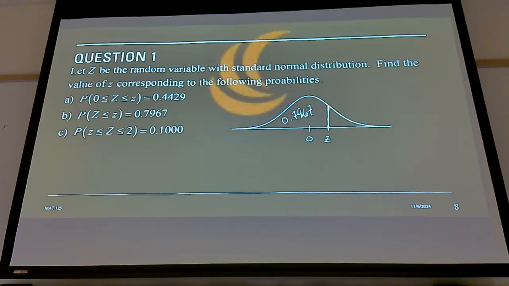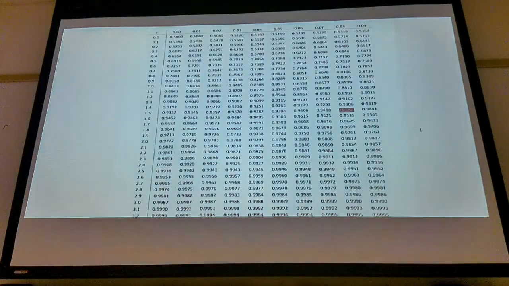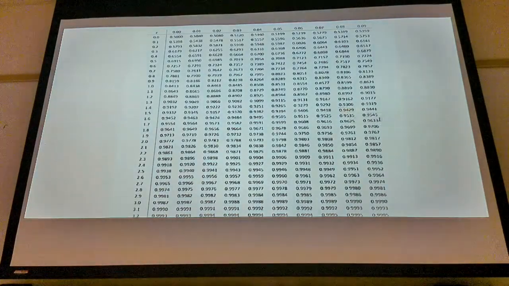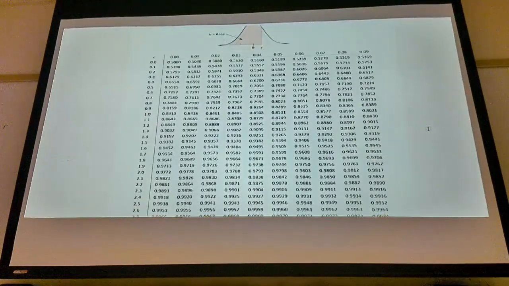Oh, and this one's easy. The table already gives us area to the left. So all we have to do is look for 0.7967.